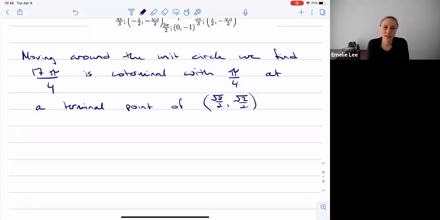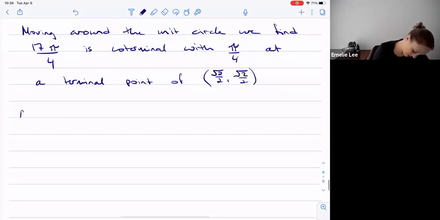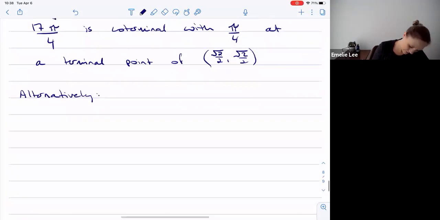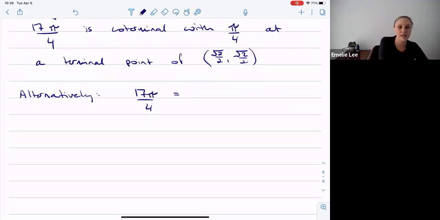Alternatively, what you could have done is break up 17 into quarters to see how many quarters you have. So alternatively, 17 pi over 4 is the same thing, and you just do 17 over 4 on your calculator. And you get 4.25. So it means I would move 4 pi and a quarter, which makes sense, right?